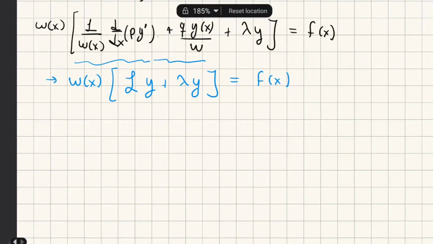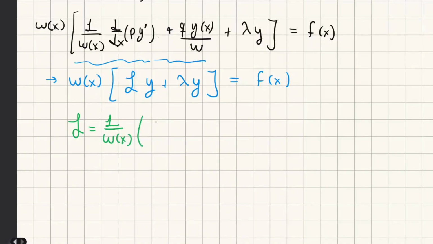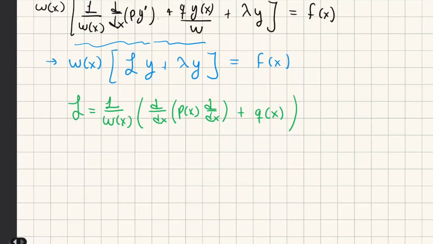You should remember that we defined the Sturm-Liouville operator L as equal to 1 over w of x multiplying the derivative with respect to x of p of x times the derivative with respect to x, and then plus q of x. Okay, perfect. So again, this is the Sturm-Liouville operator.